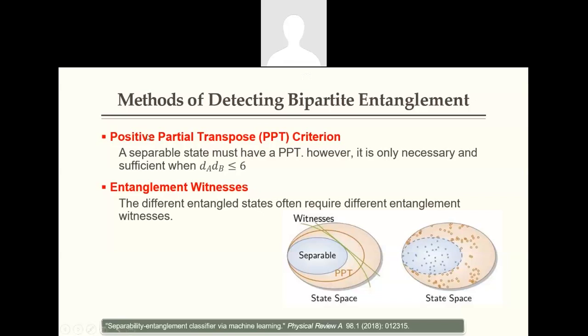PPT means positive partial transpose, which is a separable state must have a PPT. See here, separable state means we can separate that. This and this positive partial transpose both can be separable. It is necessary and sufficient when dA dB is less than or equal to 6.